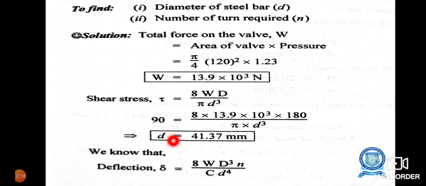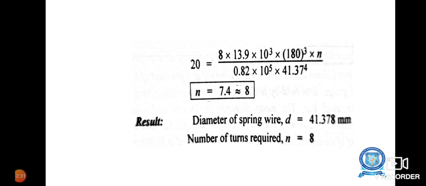So we know that. Next we calculate the deflection. The deflection formula: del is equal to 8 W capital D cube n divided by C small d raised to 4. We apply all the given values: deflection value is 20, then 8 into 13.9 into 10 power 3 into 180 cube into n divided by 0.82 into 10 power 5 into 41.37 whole power 4.